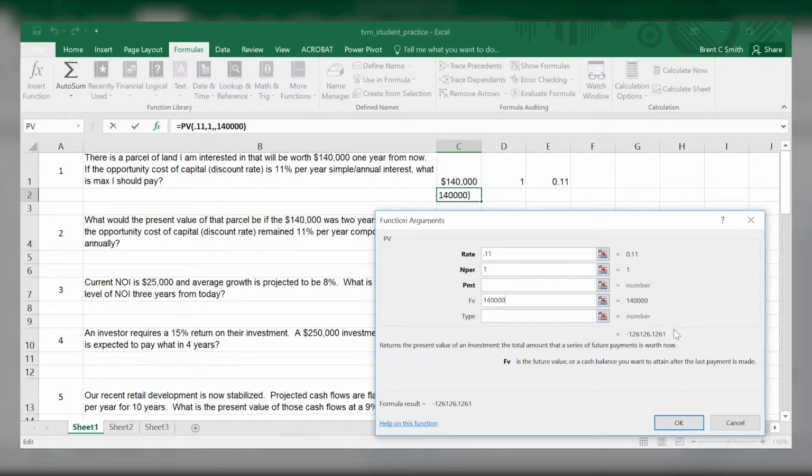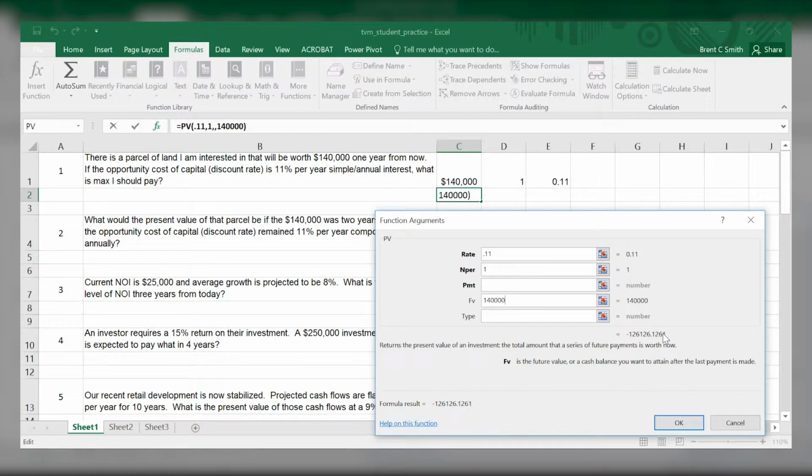And we're going to get the correct answer, the 126, but what you end up with is a spreadsheet that is no longer dynamic. So for example, if I said, what would the answer be if the discount rate was 12%? Well, now you'd have to go back into this box or up onto the cell entry line and change the 11 to 12.